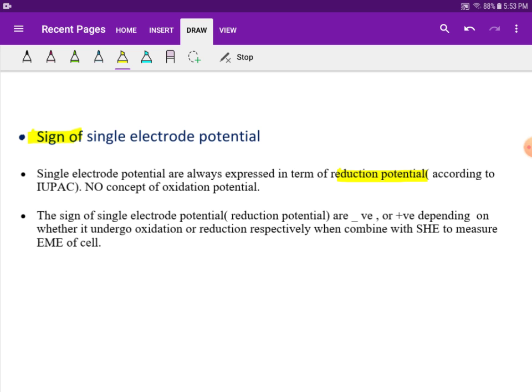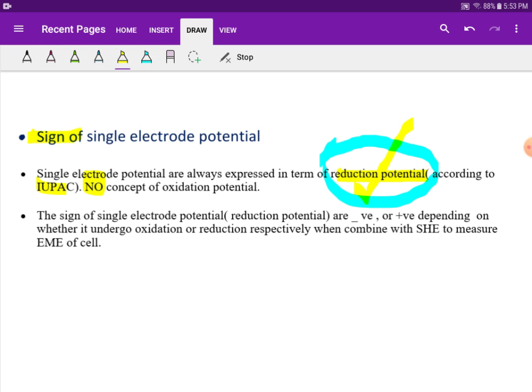Even though the metal is undergoing oxidation when it is in contact with the salt solution, it is customary that single electrode potentials are always expressed in terms of reduction potential. That is according to IUPAC. There is no concept of oxidation potential. So all our single electrode potentials are expressed in terms of reduction potential.